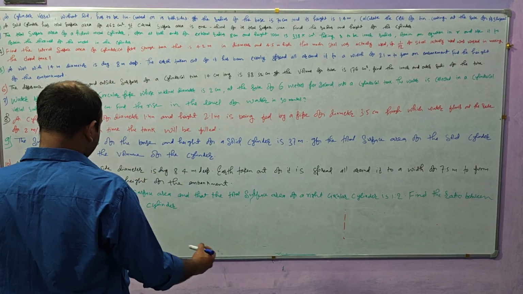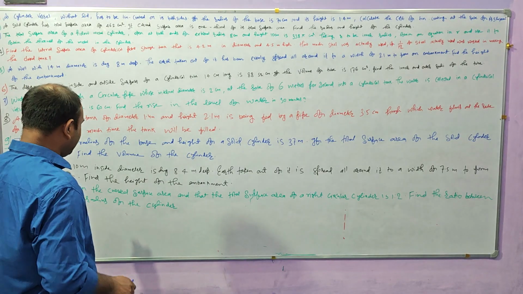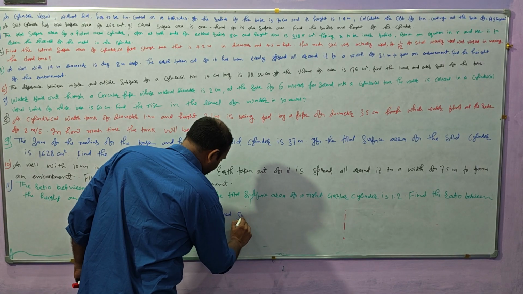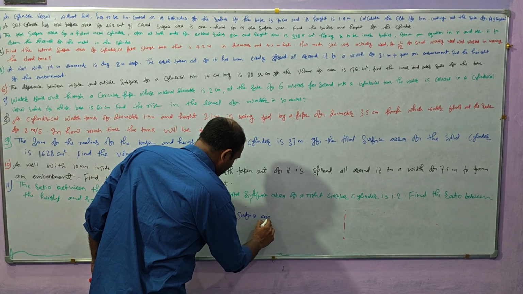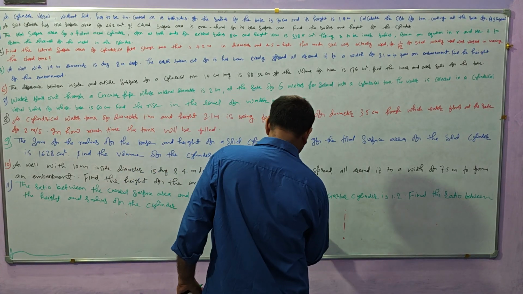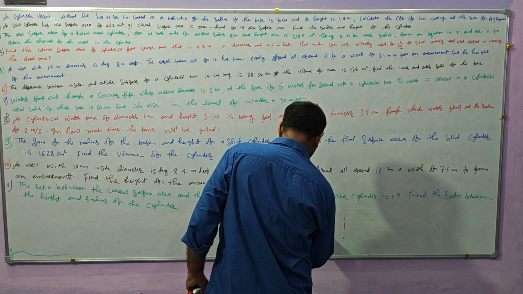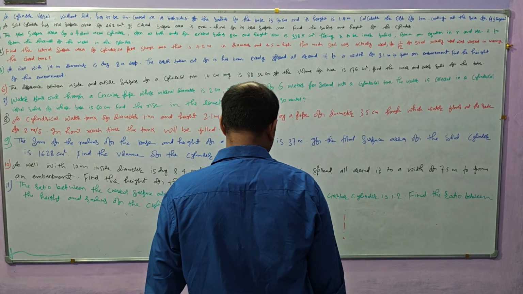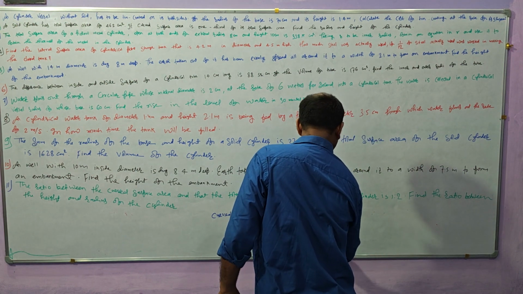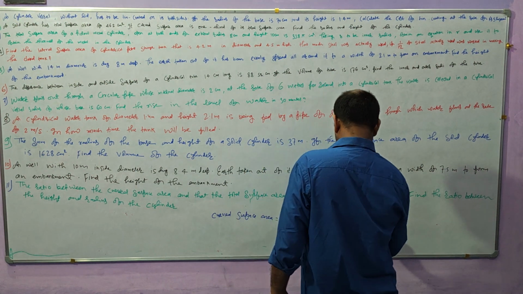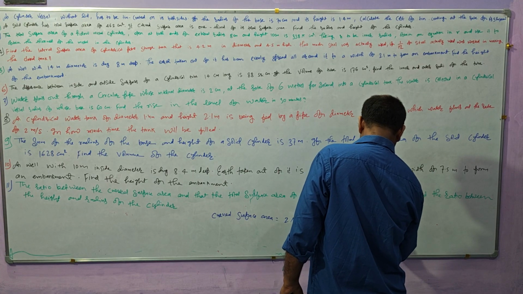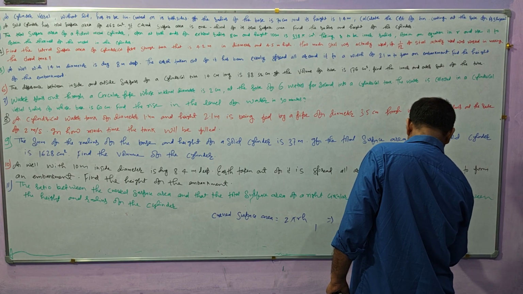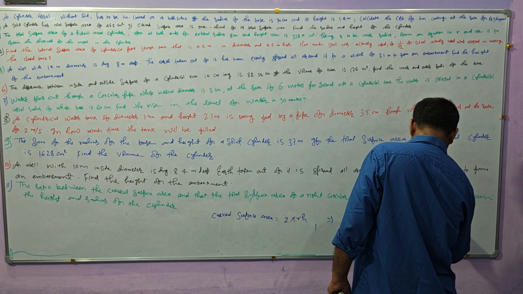We know the curved surface area is 2 pi RH, and the total surface area of a right circular cylinder is 2 pi RH plus 2 pi R square.